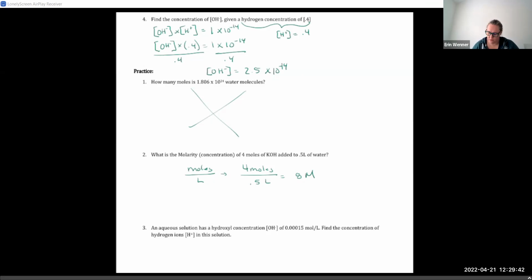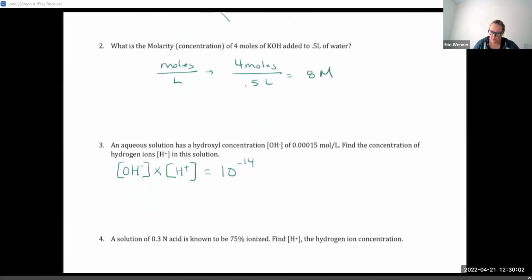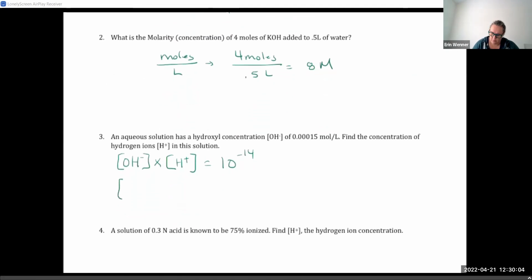So remember, for this one, we're using the fact that OH negative times H positive equals 10 to the negative 14th, or 1 times 10 to the negative 14th, right? So if we plug in what we have, 0.00015 is OH negative times H positive equals 10 to the negative 14th.